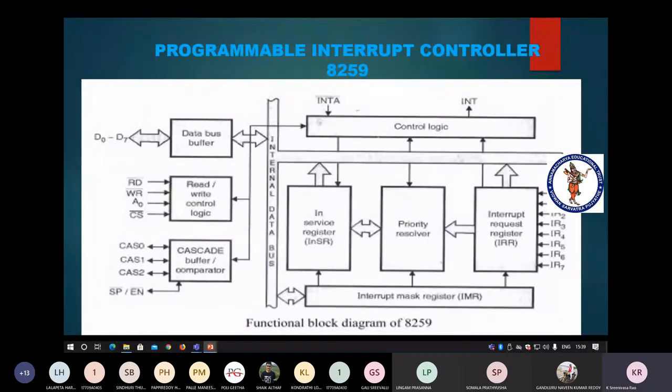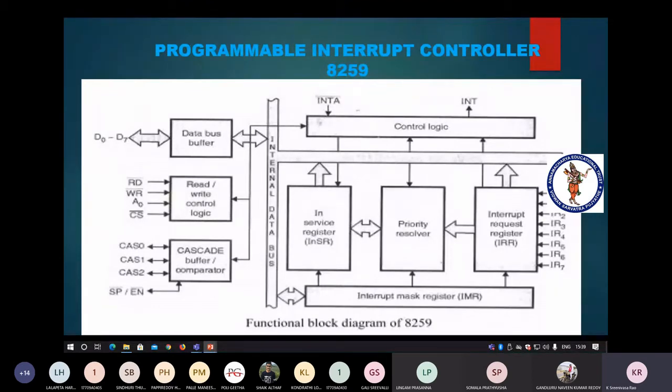Listen carefully. The programmable interrupt controllers are required whenever more devices are connected to the processor through a single interrupt request line.